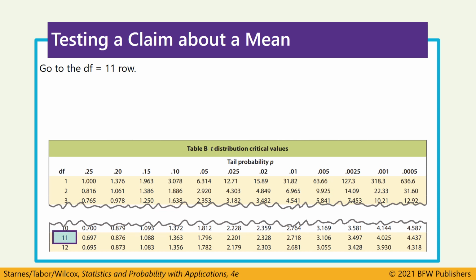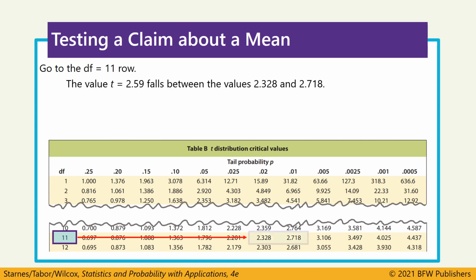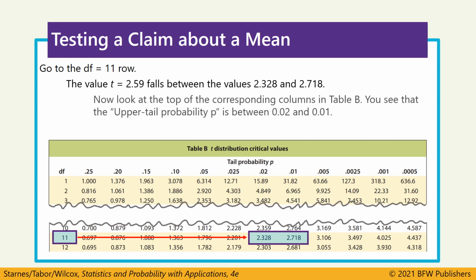Now we're looking for that test statistic. So we have a test statistic of negative 2.59. We're going to look up positive 2.59, and we don't see it exactly in there, and we pretty much never will. But we can see what two numbers it's in between. 2.59 would fall in between that 2.328 and 2.718.